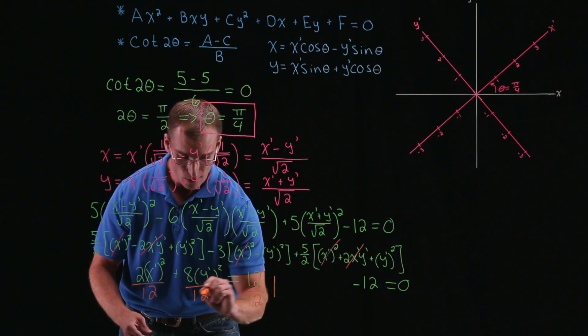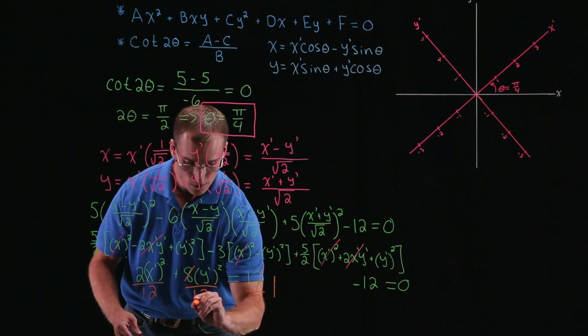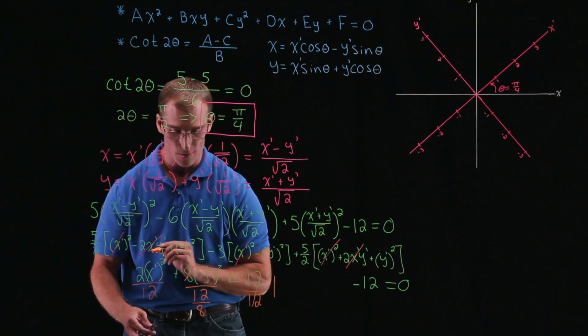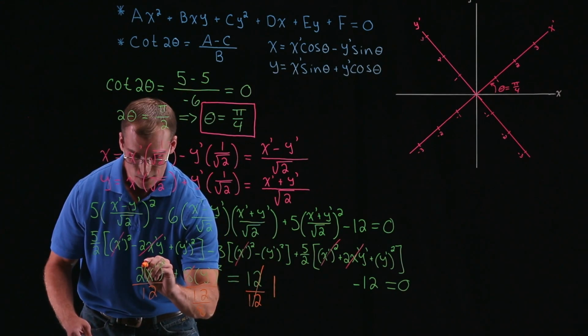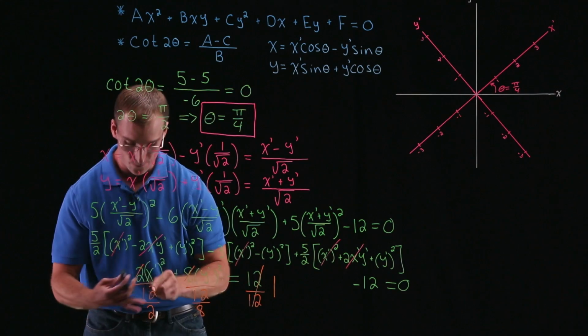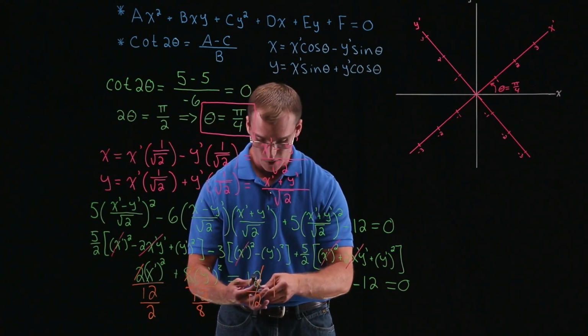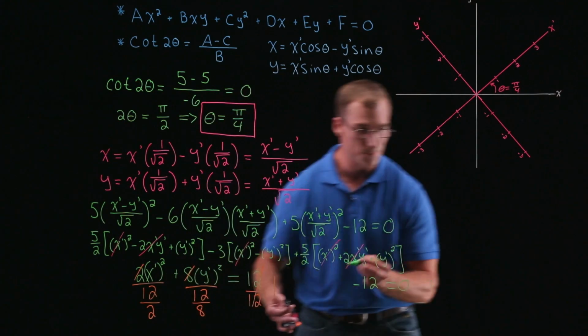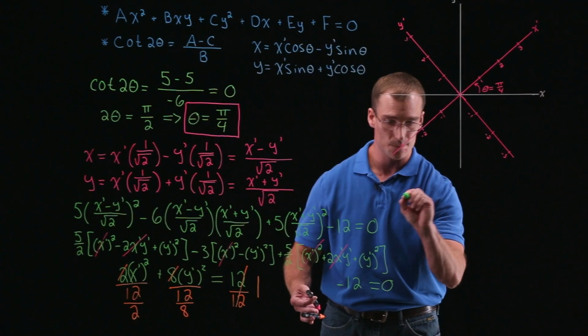Instead of 8 times y prime squared over 12, we can put the 8 on the bottom as 12 over 8. And the same thing with our 2. This is 12 over 2. Okay, so let's clean this up one more time. So what are we going to have?